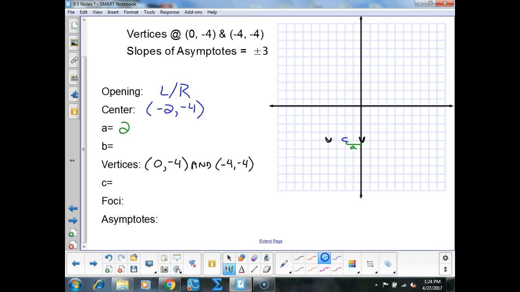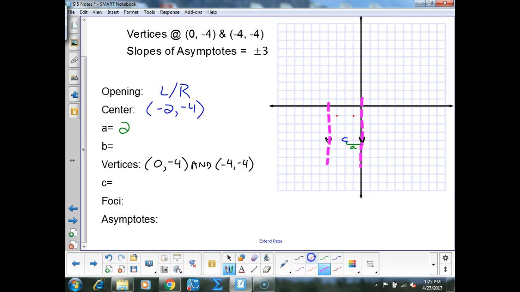Now, to find B, there's a couple of different ways you could go about doing it. You know that the slope of the asymptotes is 3 and negative 3. So you could say, I have to go up 3 and right 1 or left 1, but that doesn't get me to the side of my box. The side of my box is somewhere along there.